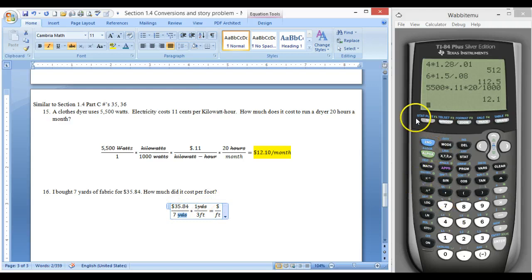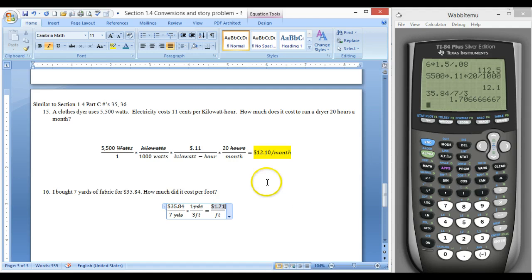There we go. So let's type it in over here. 35.84. I don't times it with anything because times it by 1 leaves it. Divide by 7. Divide by 3. Enter. There we go. It will cost $1.71 per foot. The 6 will round up that 0 to a 1.